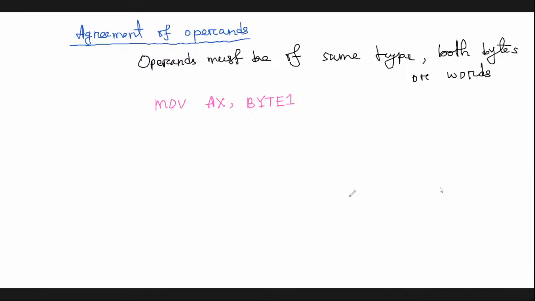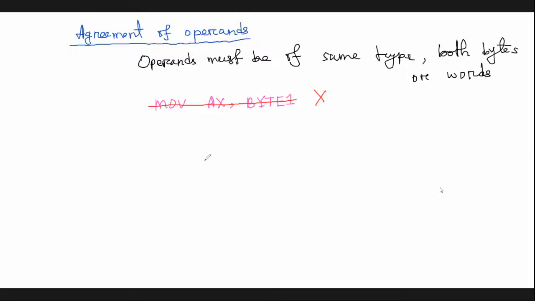Say, how can you make it correct? Yeah, sir, how can we make it correct? Byte 1, comma byte 2. Who's saying byte 1, comma byte 2?